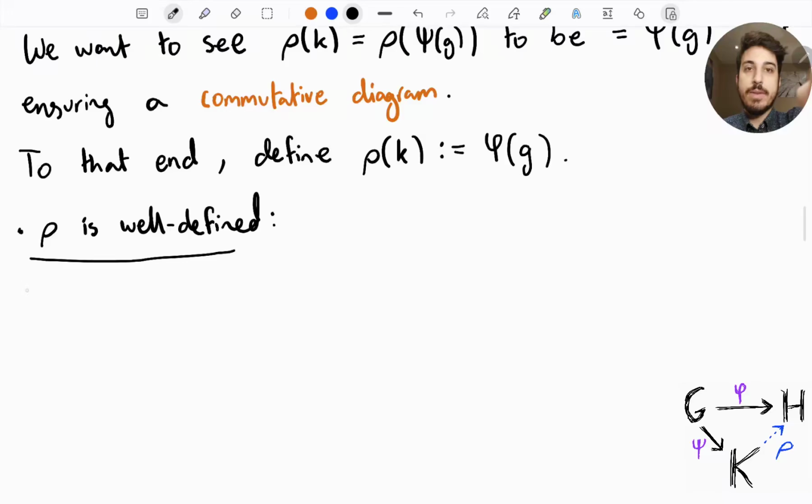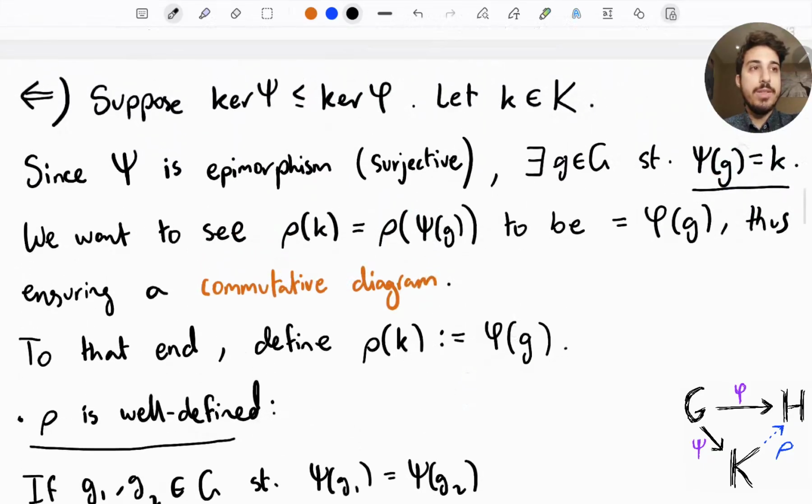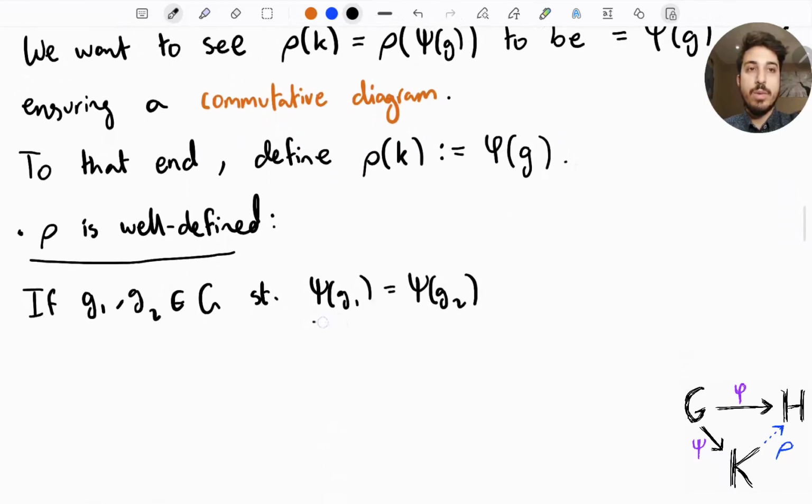The reason it's well-defined is that if G1 and G2 are elements in G such that psi of G1 is equal to psi of G2, since remember the input that we put is going to be equal to K, which is the psi of some G in G. So we start with this.